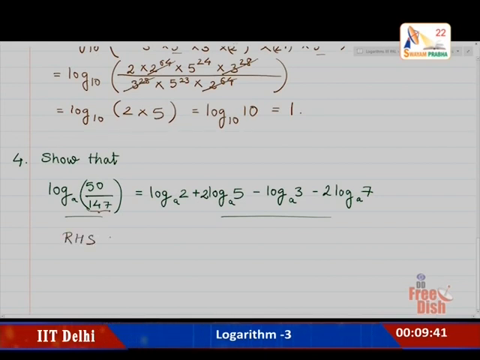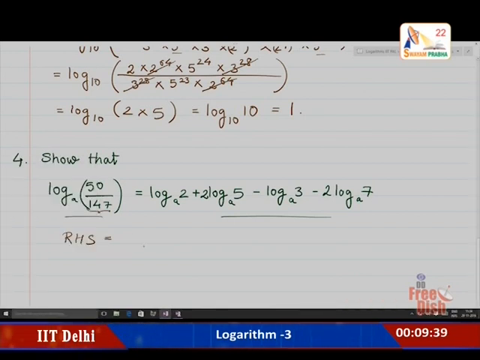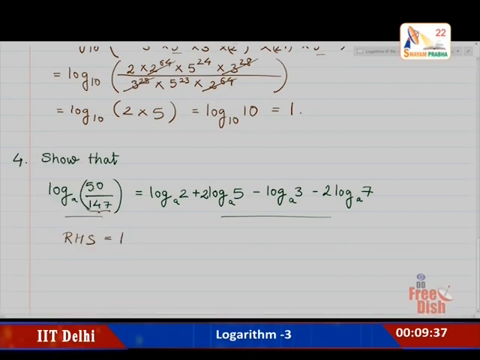So RHS, let us take the RHS, which is equal to log, I will suppress the base now, log 2 plus 2 log of 5 minus log of 3 minus 2 log of 7. Okay.